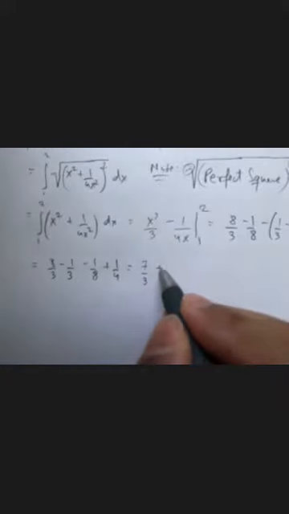This gives us 7 over 3 plus 1 over 8. So common denominator is 24. We have 56 plus 3. So the final answer is again positive.